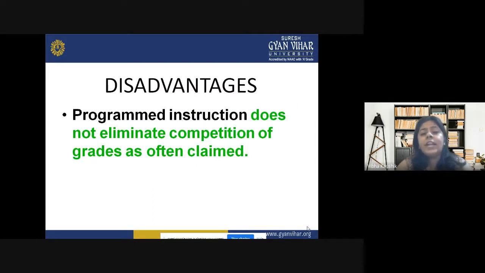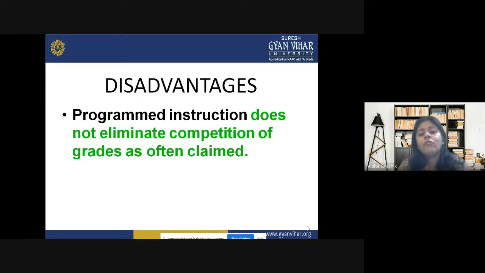Now, the disadvantages of program instruction. What were the various disadvantages related to program instruction? The first one is that program instruction does not eliminate competition of grades, as often claimed. Program instruction is also not able to eliminate the competition of grades among the learners.